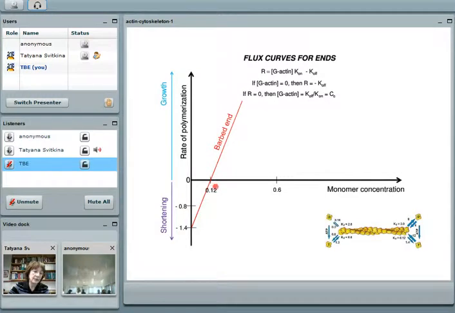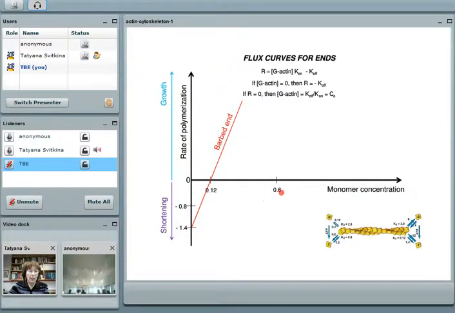This curve should intersect the x-axis at the critical concentration, and the critical concentration for the barbed end is 0.12, which is here. This curve should intersect the y-axis at negative k-off, which is 1.4 for the barbed end. So this red curve shows the flux curve for the barbed end.